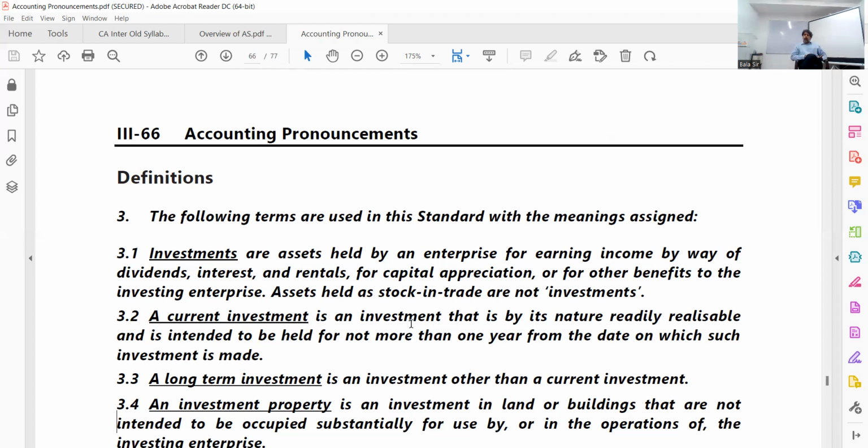And for the purpose of accounting for these investments in your books as an investor, whether you want to classify the investment as current or long term depends on your intent. Intention matters. The intention of the management matters. So what is your intention?